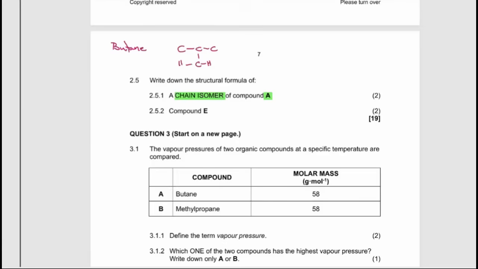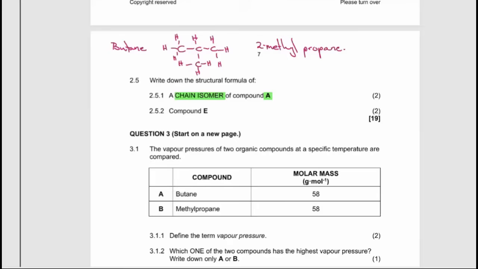Can you see it's still 4 carbons in total, but now the chains are different. Therefore, I'm going to add the hydrogens. Please do not forget these hydrogens. Always add them. Remember, carbon bonds 4 times. So what we have here is 2-methylpropane.